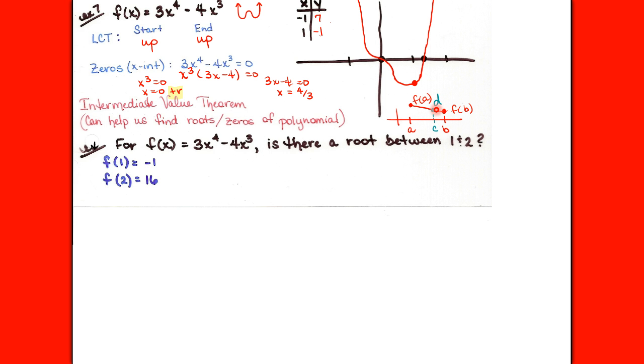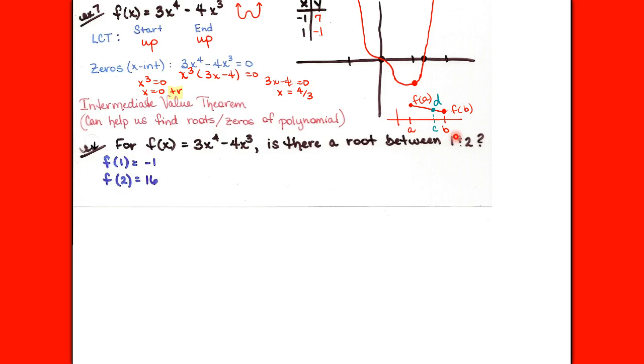Here's the short version of it. You cannot have a y without having an x, right? There's no way that you can have a y value up here without it having a corresponding x value down here. So what they're saying is if there's a y value in between these two y values, then it has to have a corresponding x value down here in between these two x values. That's the abbreviated version of the intermediate value theorem.